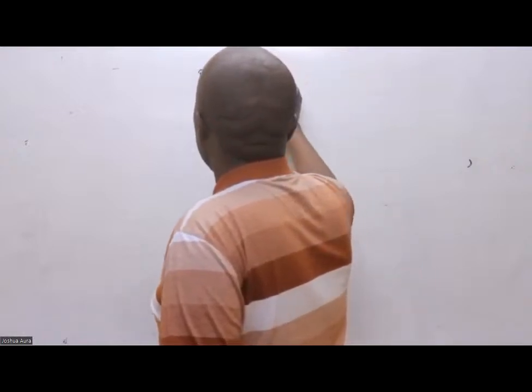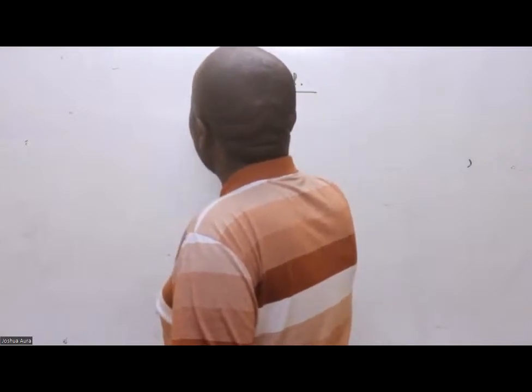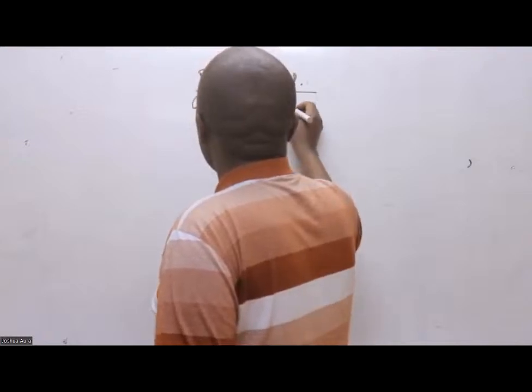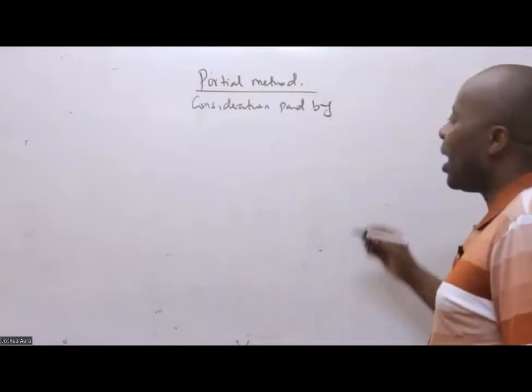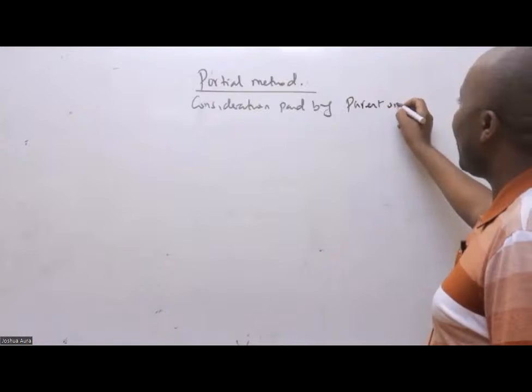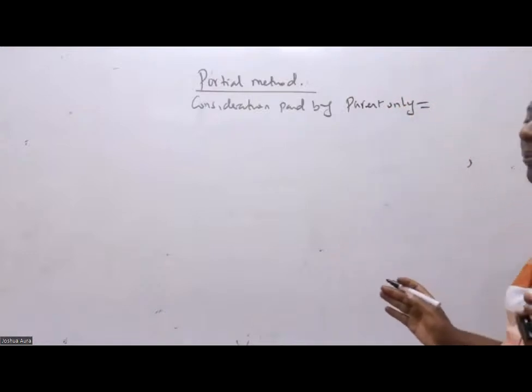In the partial method, we are looking at consideration paid by the parent only. How much was paid by the parent company only?